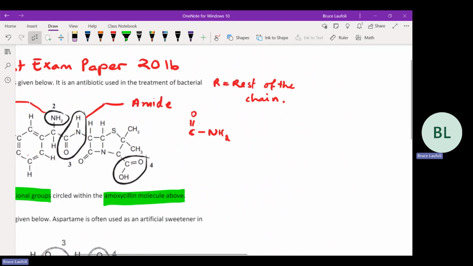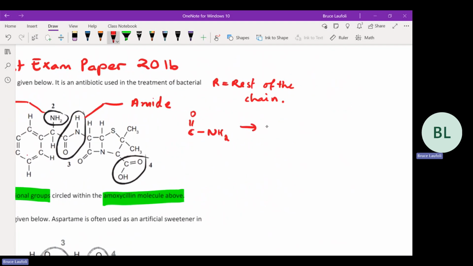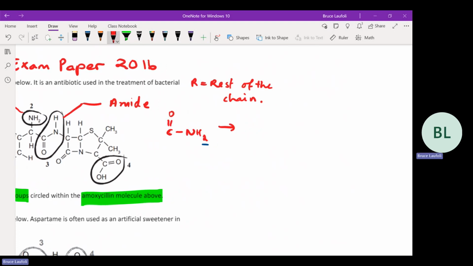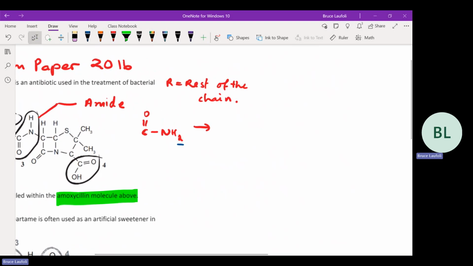Looking at this, we can see that one of these H's is actually replaced with a carbon. With that, I would like to say that there are different classifications of amides.